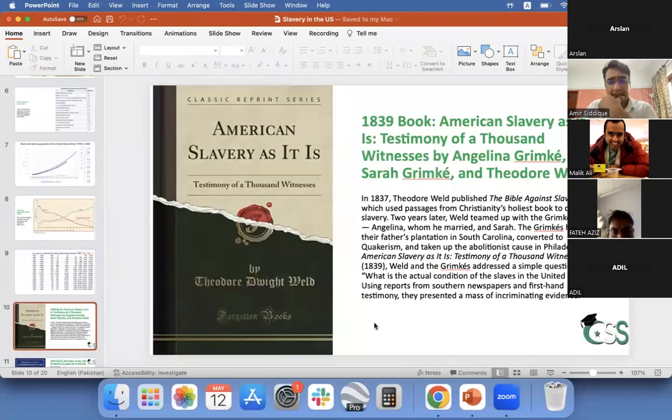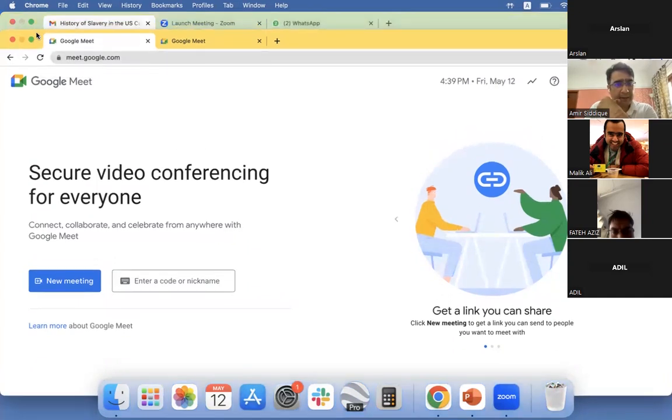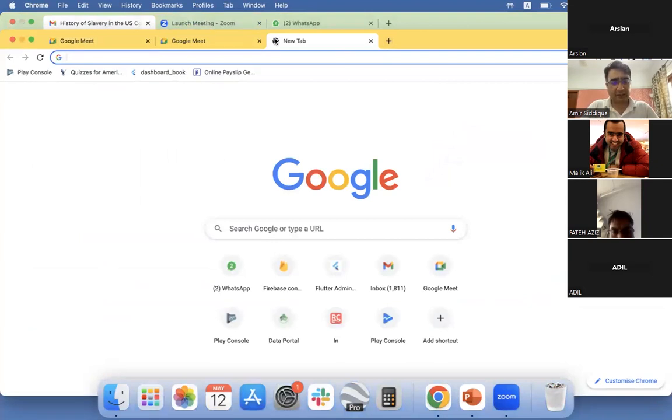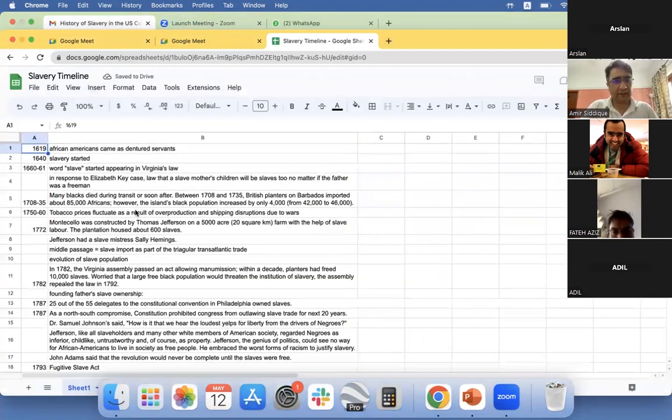Let me take a break from the PowerPoint and go to my Google Sheet that I've created. I have a slavery timeline in the Google Sheets. There are so many things to cover, but I will just quickly touch upon a few things.